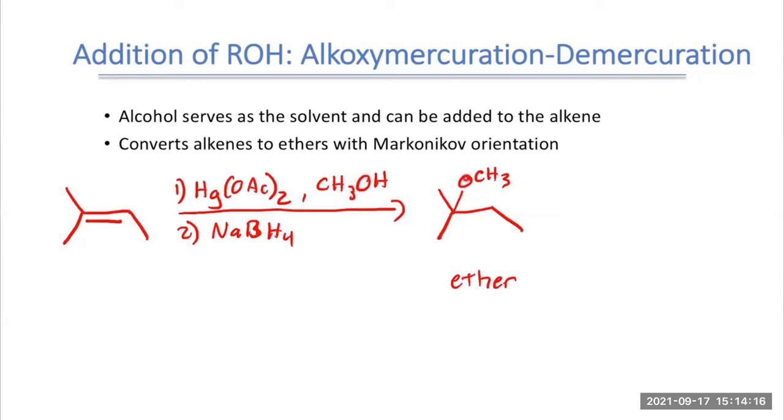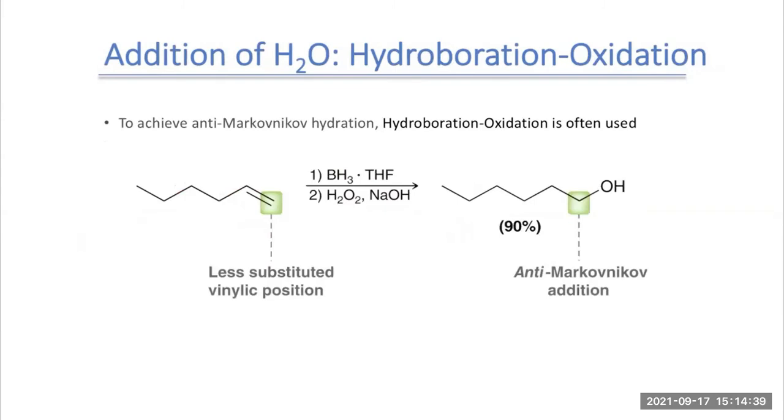And so one last thing, you can see the alkyl group and the oxygen here now end up on what was our alkene. And so what if we don't want the Markovnikov orientation? What if we want it opposite? What if we want the anti-Markovnikov orientation? For that one, we can use our hydroboration-oxidation reaction. So this one is still a two-step process where we have our boron in THF, and then the second step, we have hydrogen peroxide and sodium hydroxide.